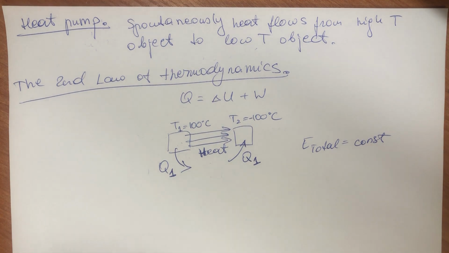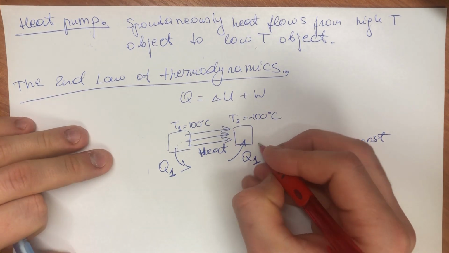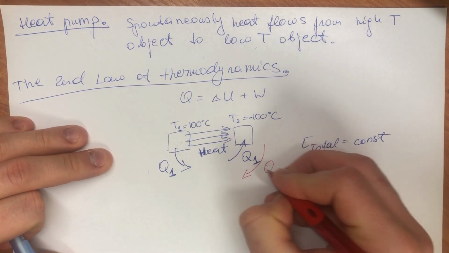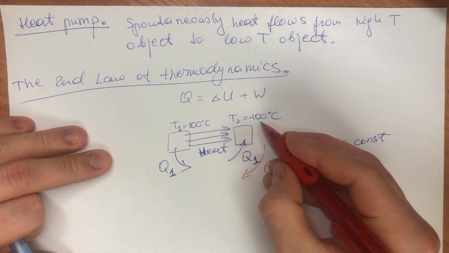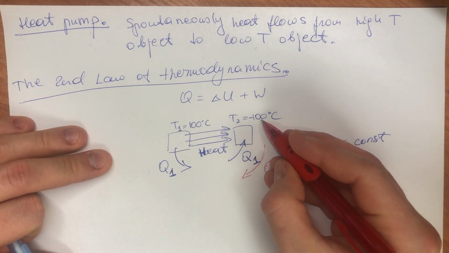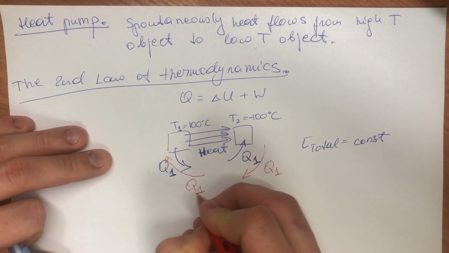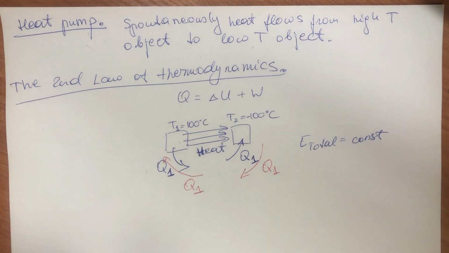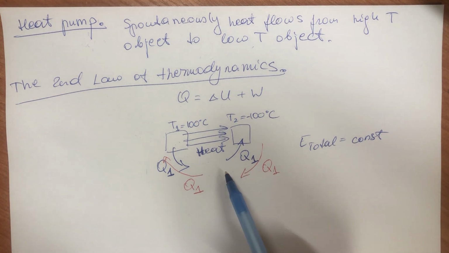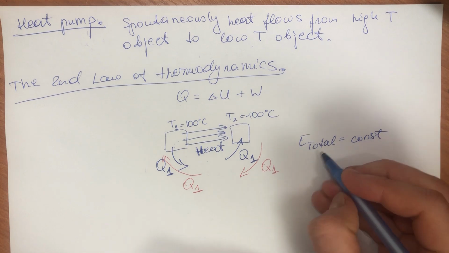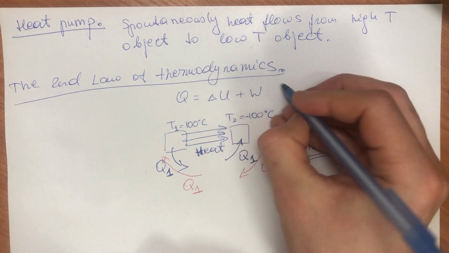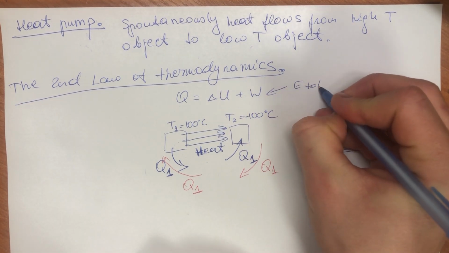So if we said that energy Q1 goes from the low temperature object to this object, then the first law of thermodynamics would be satisfied, because E total is constant.